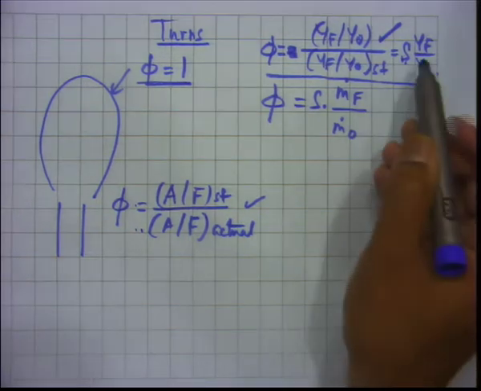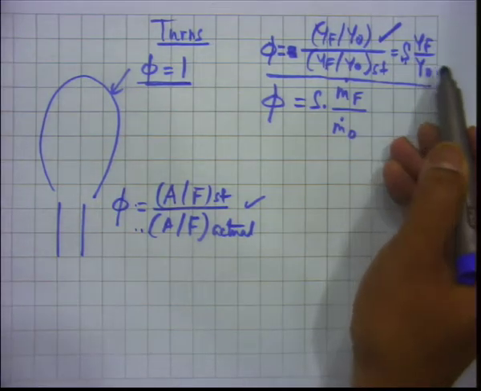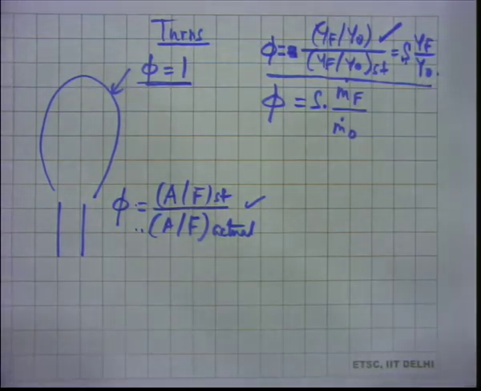And can we write this equal to S times YF by YO? Okay. So S was what? S was YO by YF stoichiometric, isn't it?